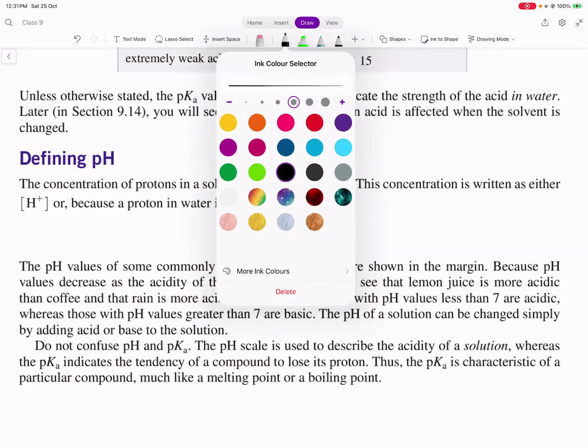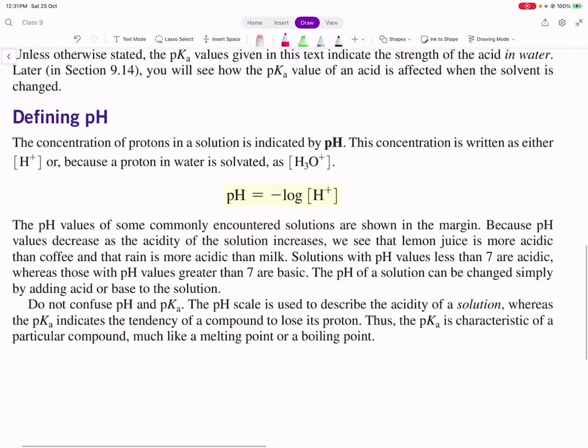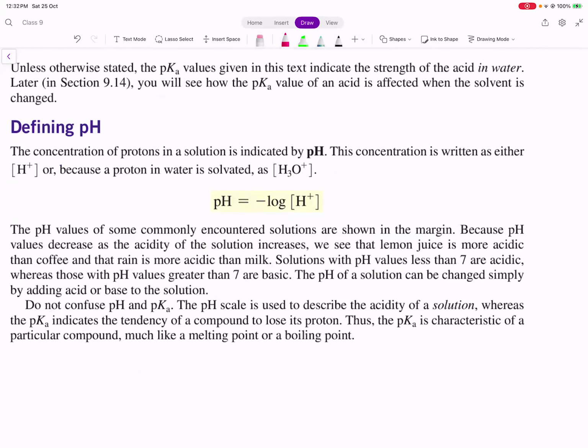As the pH values get smaller, it means the stronger the acid, the more acidic the solution. So pH values decrease as the acidity of the solution increases. We see that lemon juice is more acidic than coffee and that rain is more acidic than milk. Solutions with pH values less than 7 are acidic, whereas those with pH values greater than 7 are basic. The pH of a solution can be changed by adding acid or base to the solution.